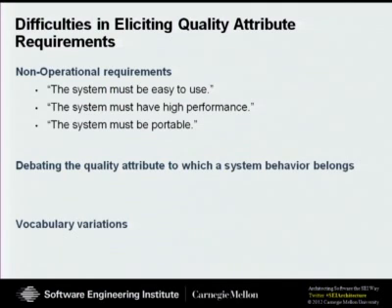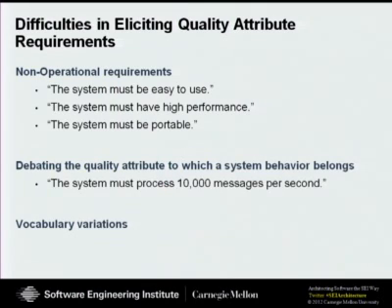The other problem, when it comes to collecting quality attribute requirements, is that people debate which category a particular requirement belongs to. So I had a customer a few years back. They had a requirement that the system must process 10,000 messages per second.